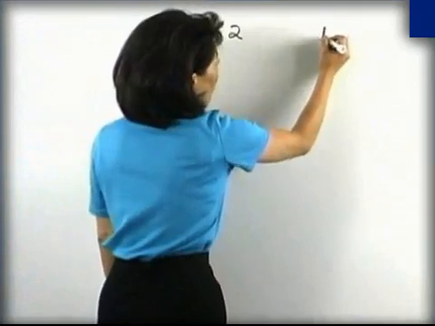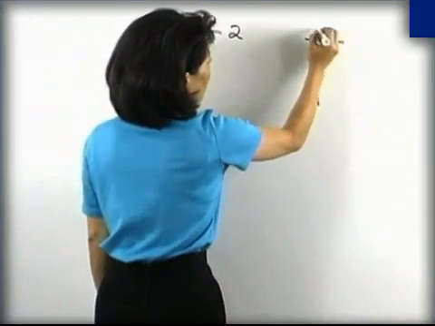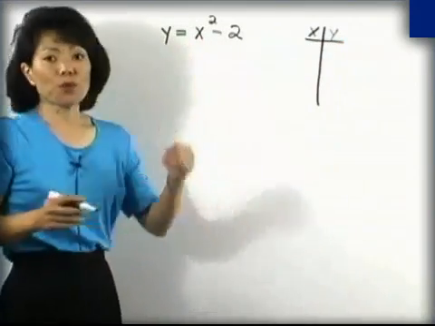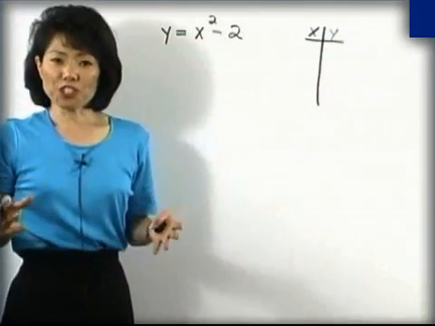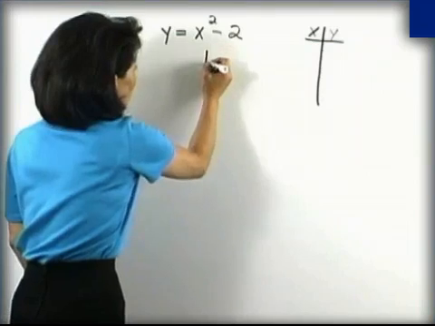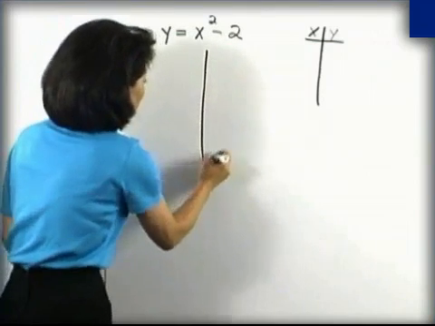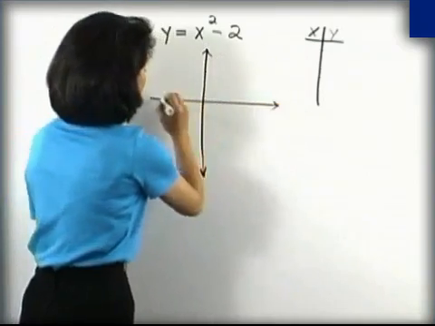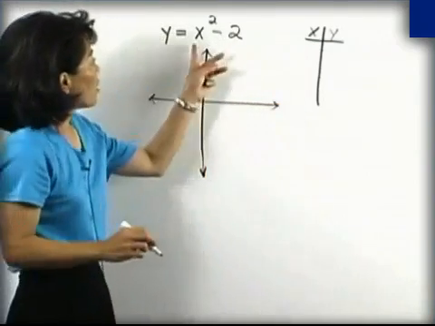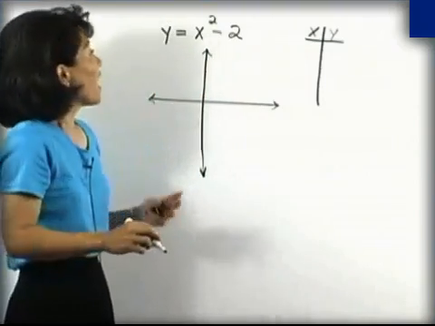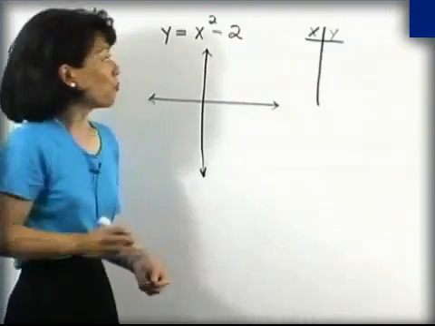Well, using all the algebra knowledge we've gained thus far, if you were asked to graph this equation and you weren't sure what it was going to look like, you could at least start by picking a few points that make the equation true. So that's exactly what we're going to do. We're going to look at our equation and just start choosing values for x and calculating values for y.